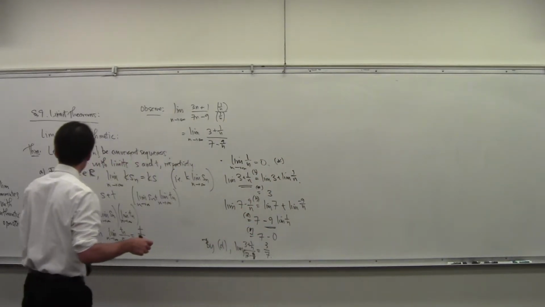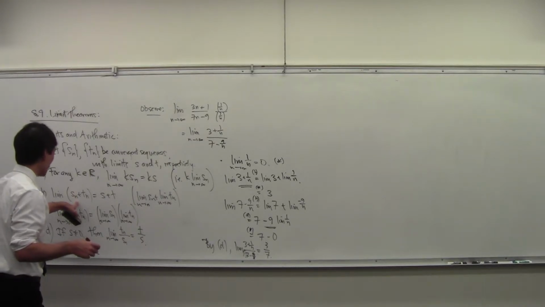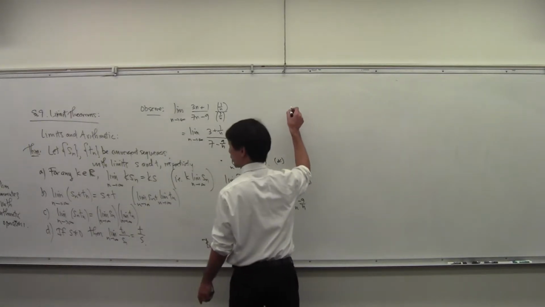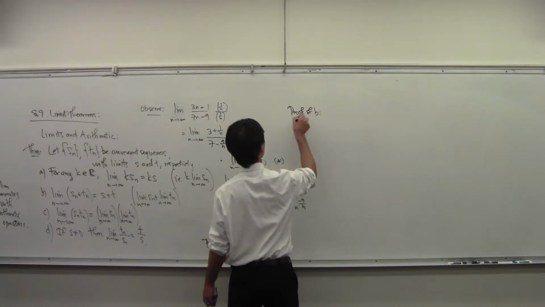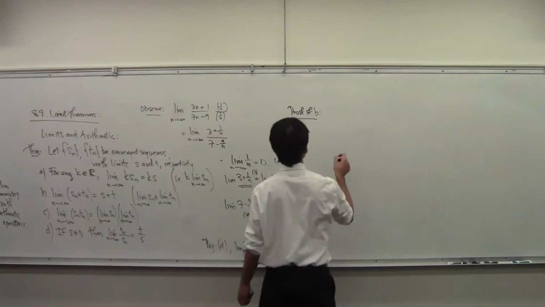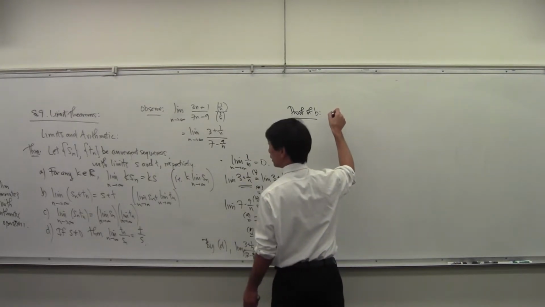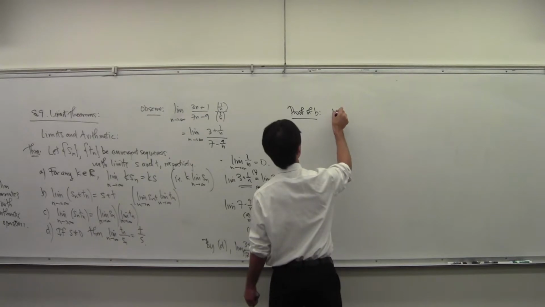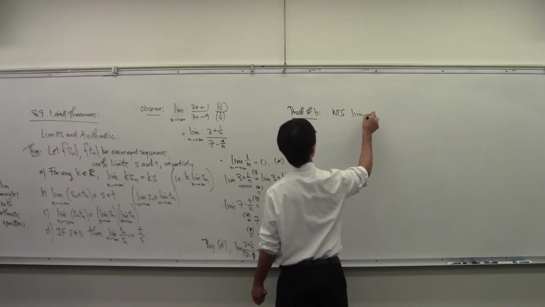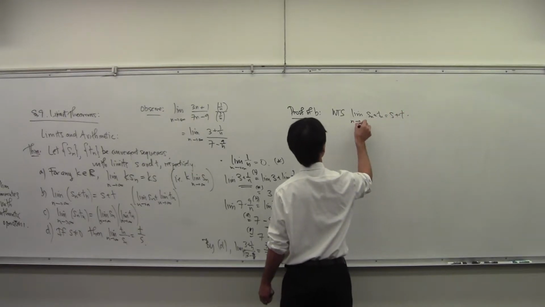Okay. So let's prove B. Okay. So right, our claim is that we want to show that the limit of s sub n plus t sub n equals s plus t, right?